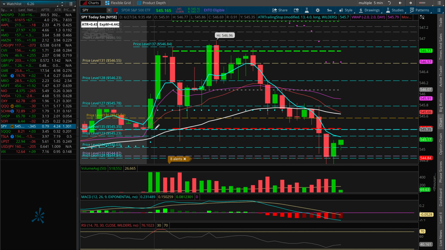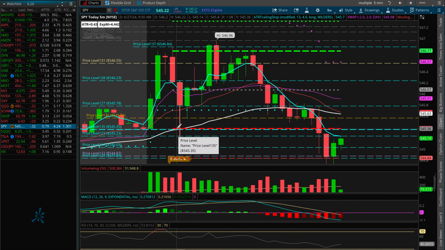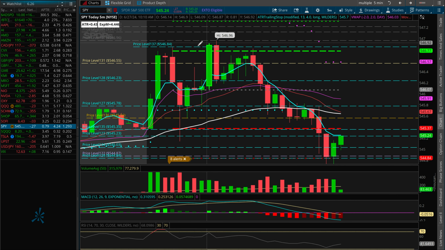That blue line that I have already marked was an area where price had come back to. And you see I had marked this area, and my chart automatically generates the high and low of the first 15 minutes of the day. I call that the ORB high, or opening range breakout high, and the ORB low, or opening range breakout low, which again is the first 15 minutes of the day.